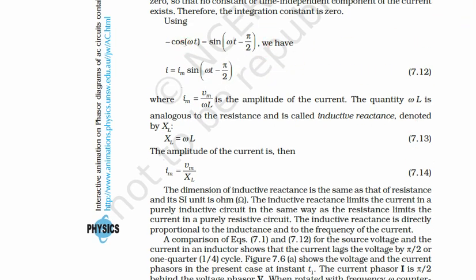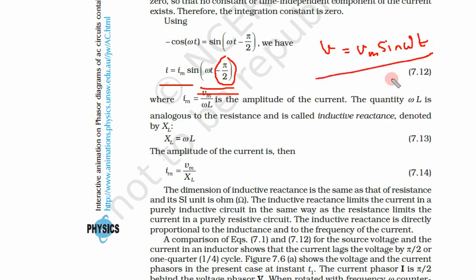V is equal to Vm sine omega t. Here I is equal to Im sine omega t minus pi by 2. Because of the minus sign, current is pi by 2 behind the voltage in a purely inductive circuit.